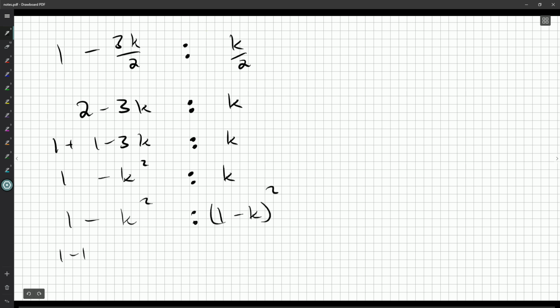This is a difference of squares, but I really feel like I'm going around in a circle. But I'm going to divide by 1 minus K. So I'll get 1 plus K to 1 minus K. And again, I'm not happy with this.